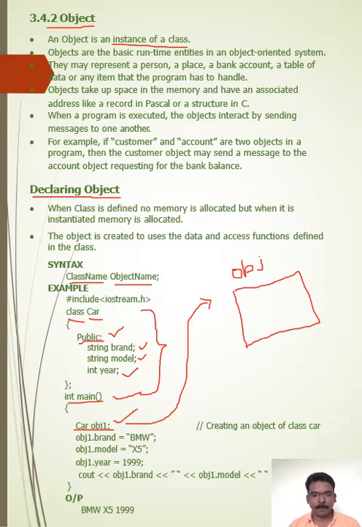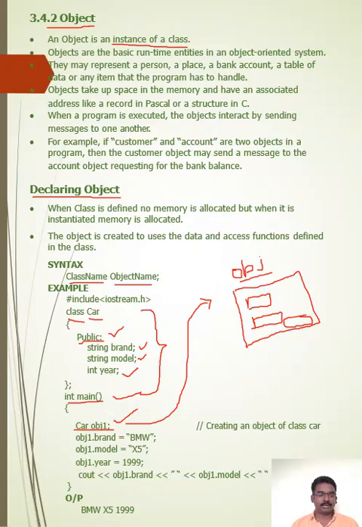Once object1 is created, a copy of the class will be there in the object. The class has a data member named brand, so for brand, of data type string, memory will be allocated, and for model and for year memory will also be there. So we have created a copy of the class here and we are naming it object1.